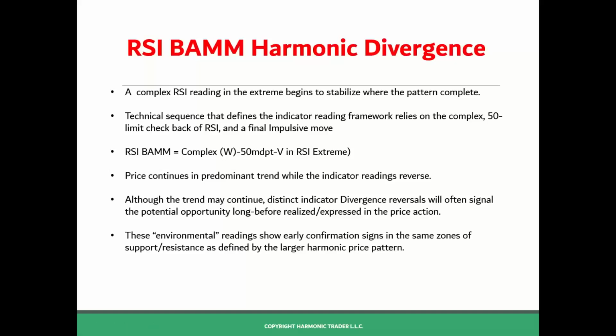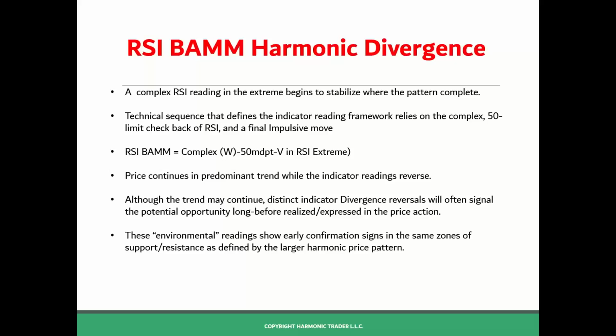Those usually happen at a 1618, but even the best situations are taking out, moving beyond the prior price point. Typically it starts with a complex reading, get an M or W, goes to the 50, and then retests the extreme. That gives us everything that we need to know.